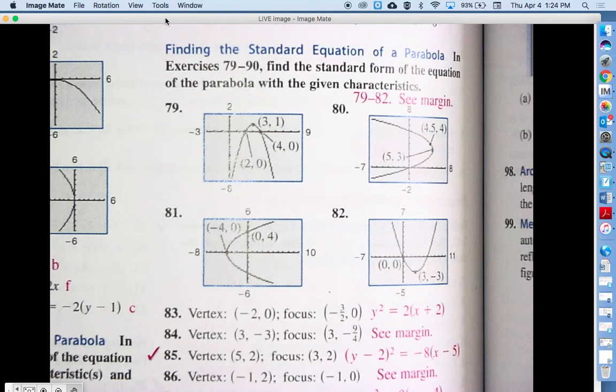So Brandon, then what? You do 4 minus 3, which would be 1, which is equal to 4p times negative 1, which would be negative 4p. So 1 equals negative 4p, divided by 4, p equals negative 1.